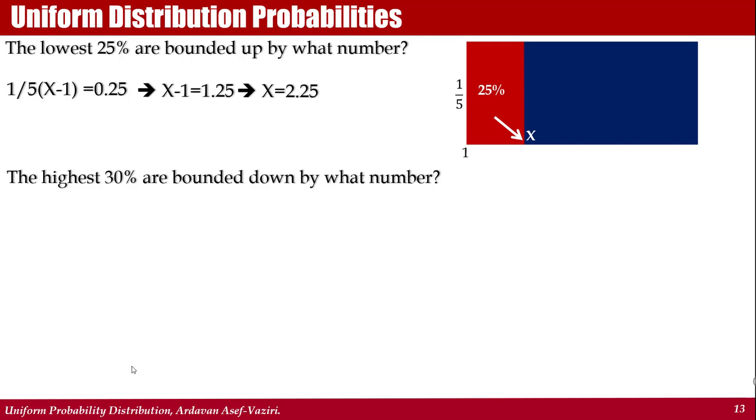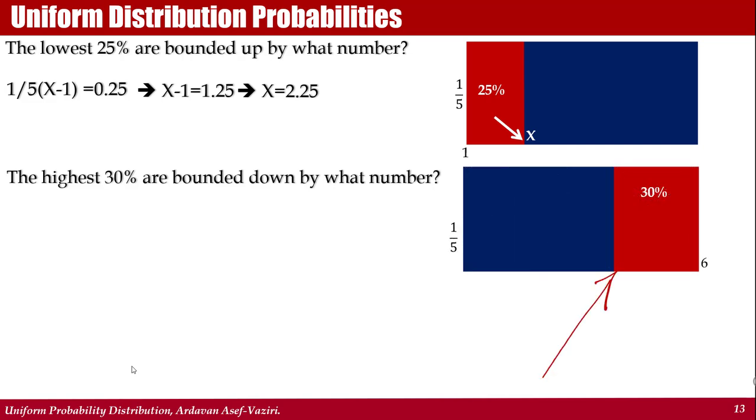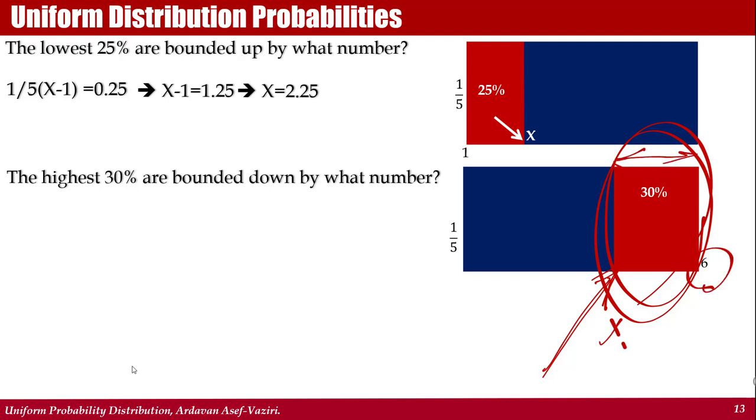The highest 30% of observations of these random variables are bounded down by what number? Is asking for this value such that the probability to the right of it, the probability of numbers which are greater than this value, is 30%. So if I have x here, then the width would be 6 minus x. 6 minus x is the width.